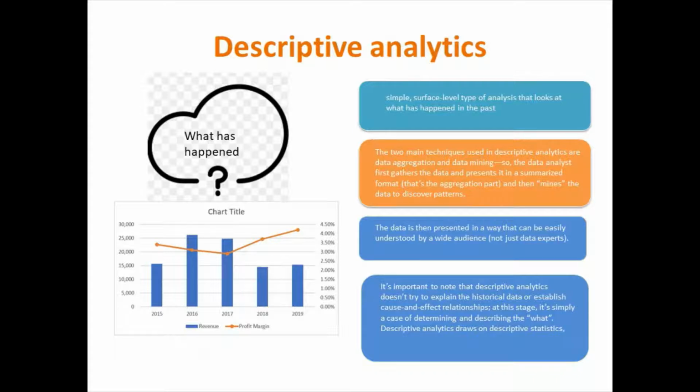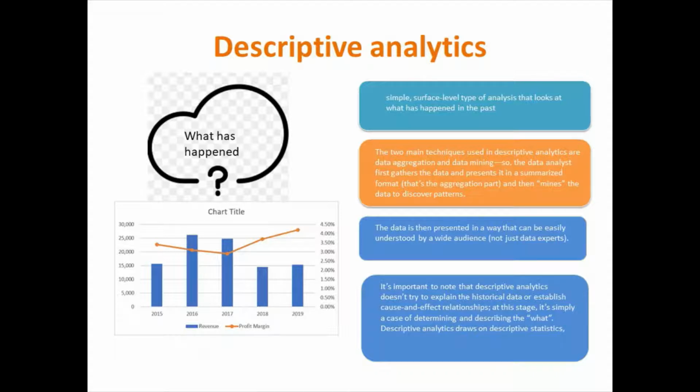The data analyst first gathers the data and presents it in some kind of summarized format, which is the data aggregation part, and then mines the data to discover patterns. The data is then presented in a way that can be easily understood by a wide audience, who may not be data experts.